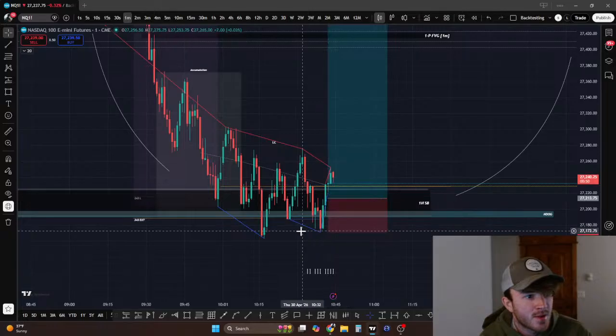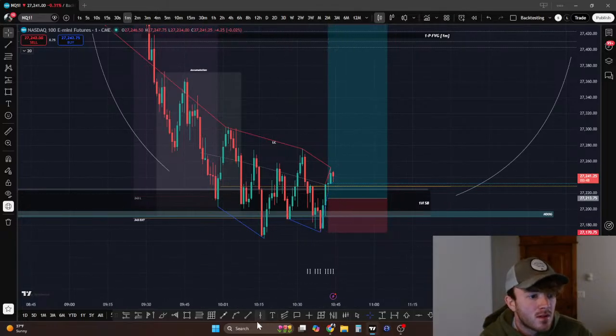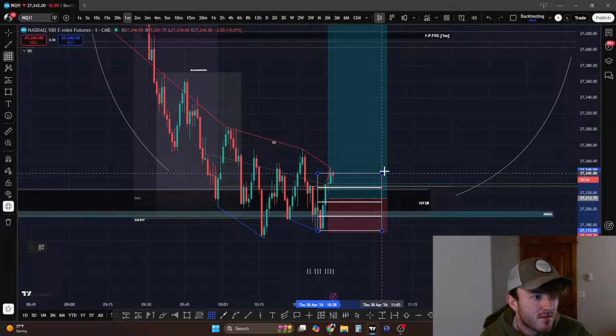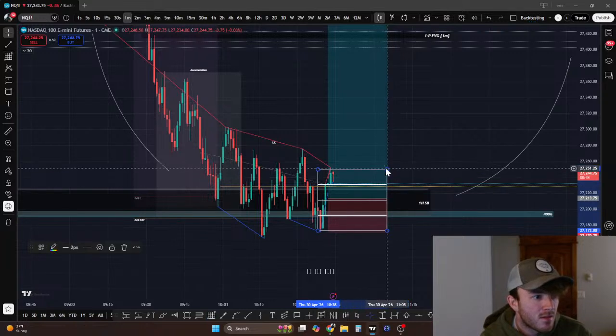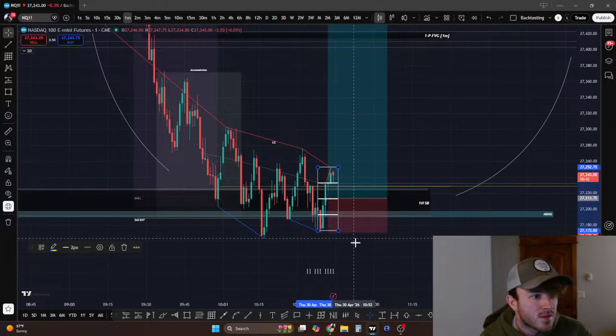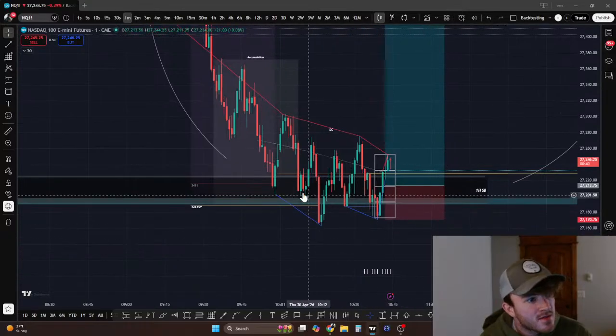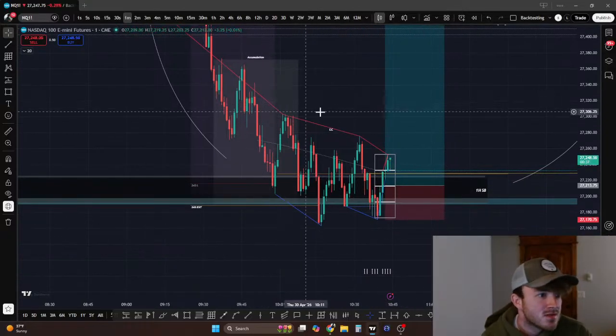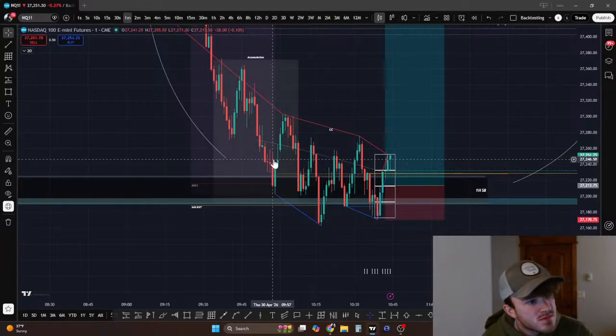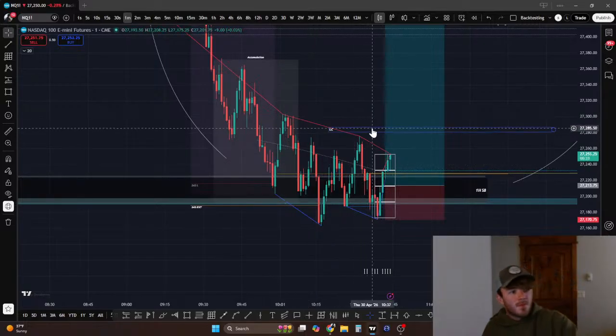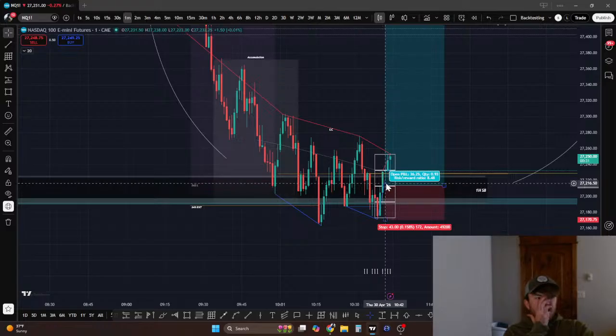Coming back below the true opens. Oh boy. Coming into the macro. I could have just taken that change in state down there.